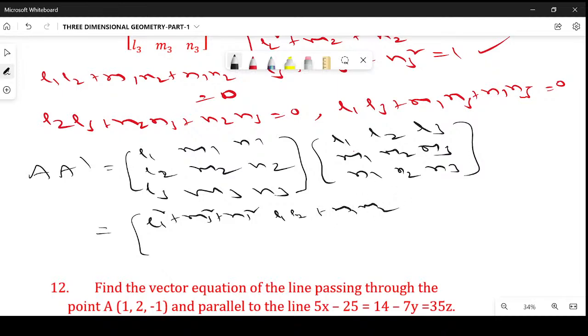Be careful when writing the product, just multiply, that's all. Then L1 L3 plus M1 M3 plus N1 N3.